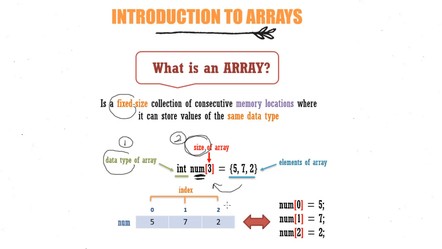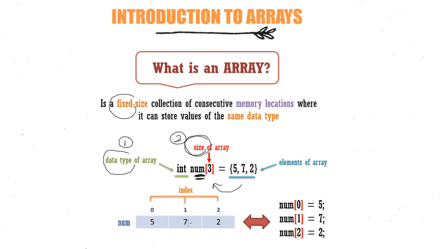But when you do 3 here, or 5 or 10, whatever the size is, it doesn't mean that you need to fill it up. You can also make the array empty if you want.